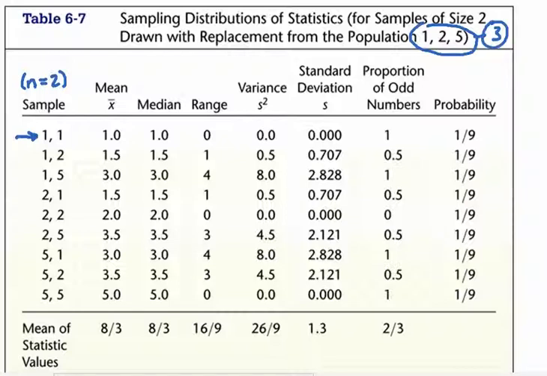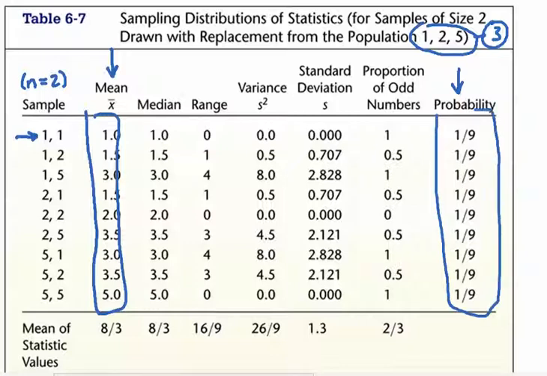So we had 16, they have 8. But anyway, look at it. Here's the distribution of means that they had. Okay, and then here's the corresponding probabilities. So if you just take this column here, and that column there, and put them together, you'll get a sampling distribution.